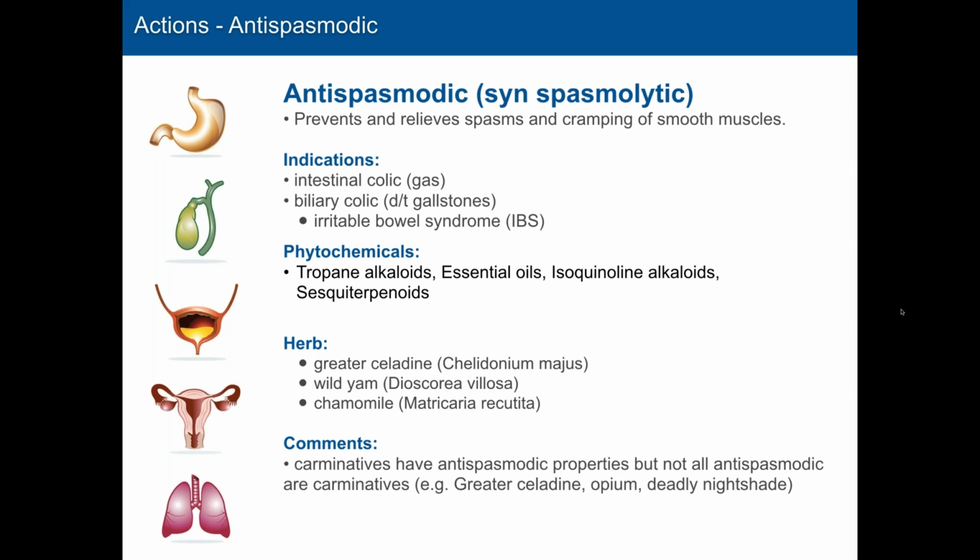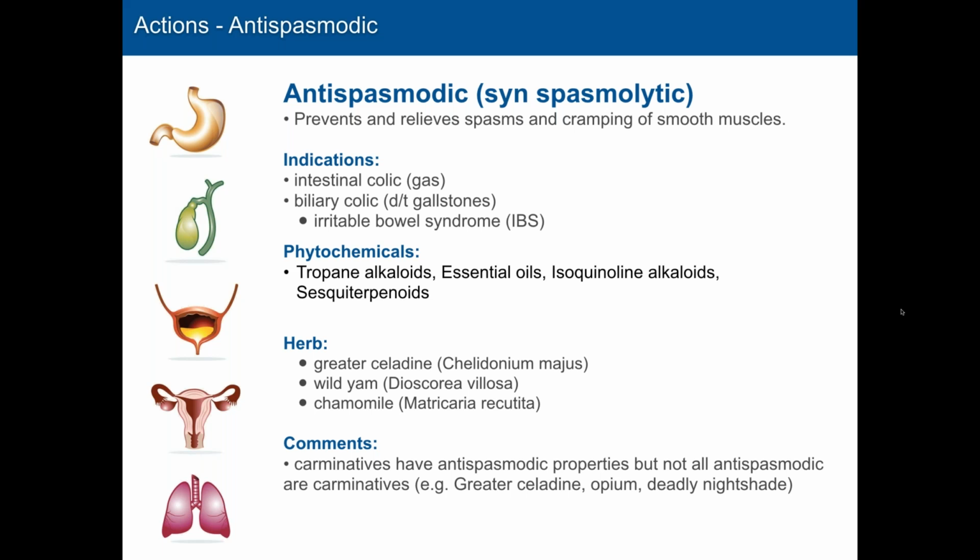I'm assuming also some of the uterine muscles can become spastic. So antispasmodic herbs, the ones I'm talking about, like chamomile, wild yam, greater celandine, these are all great antispasmodics.